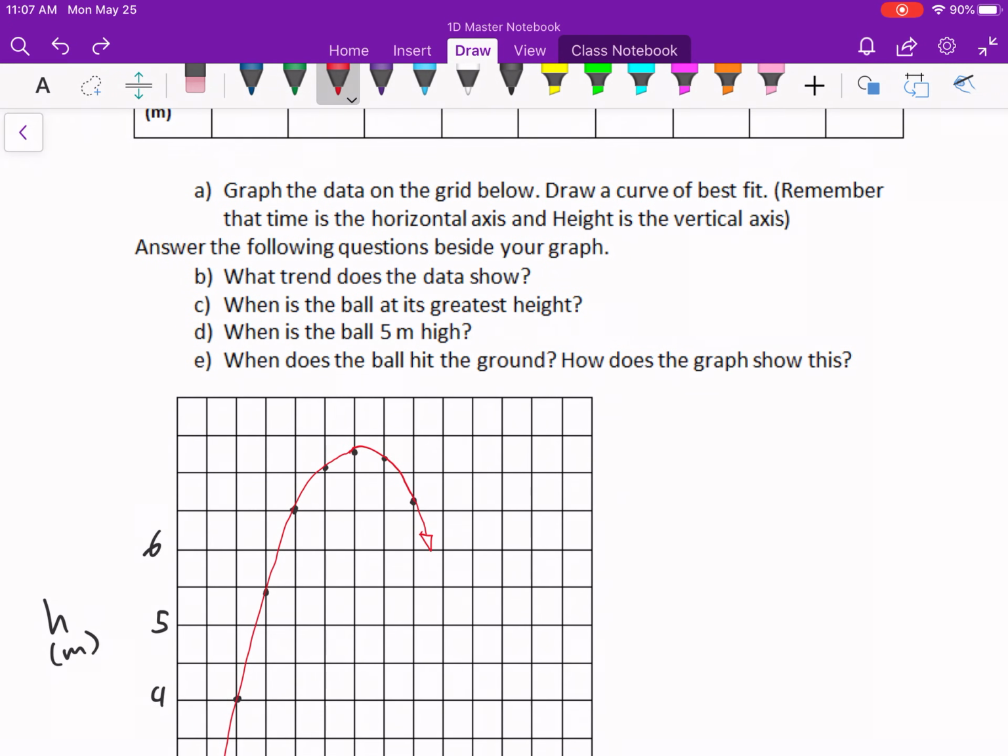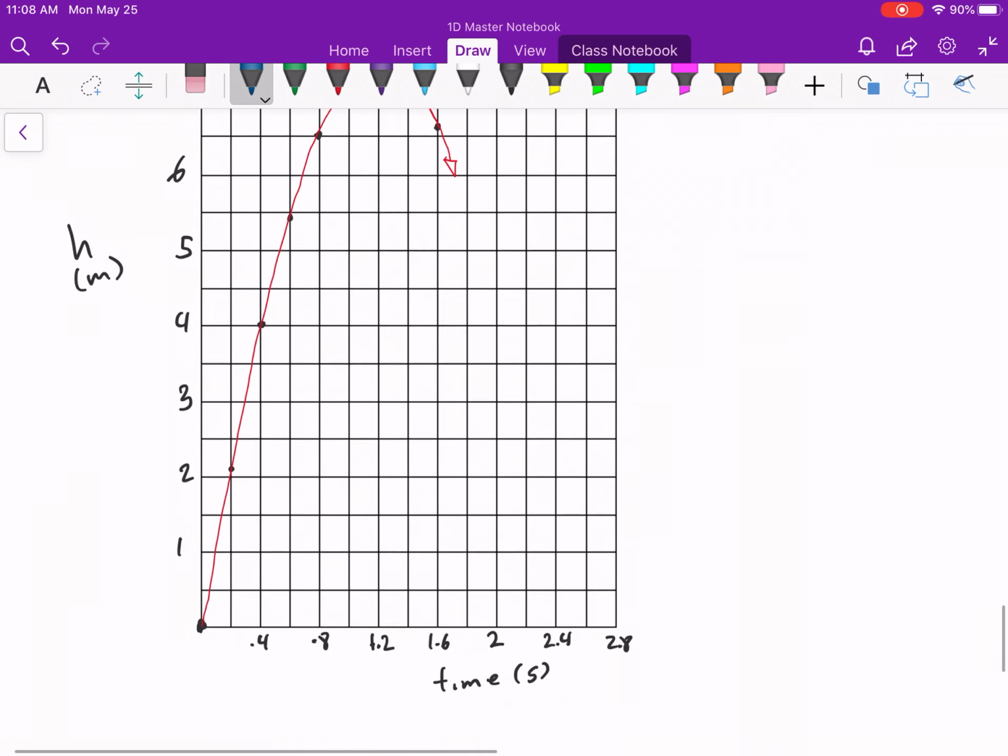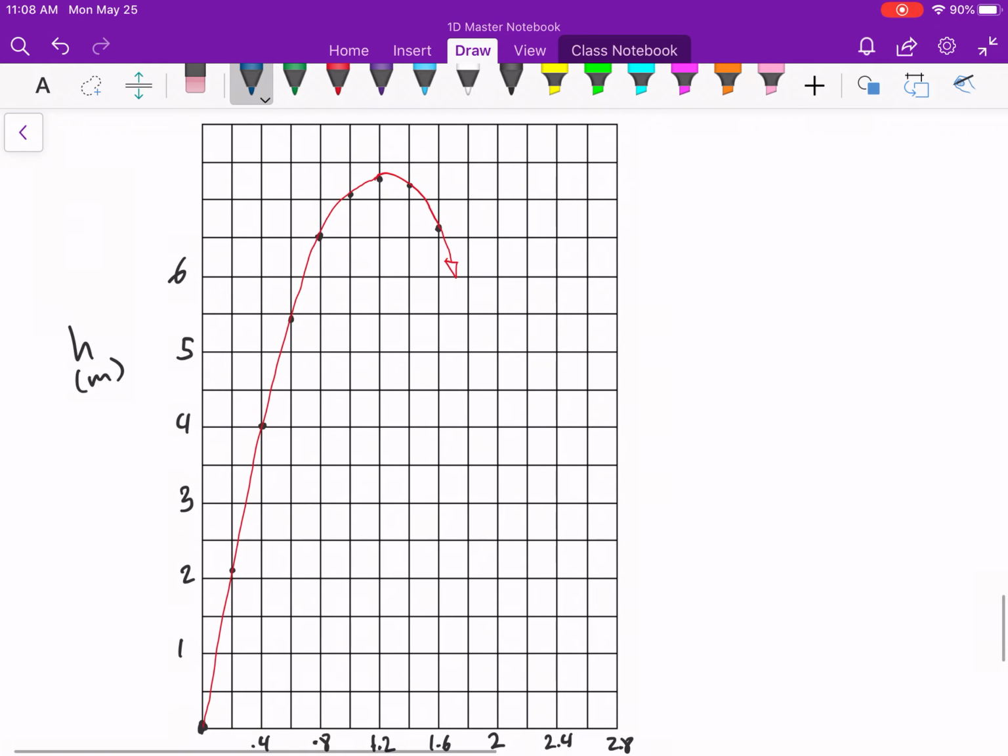What trend does the data show? Well, the trend goes up, then back down. When is the ball at its greatest height? Well, it appears to be about 1.2 seconds, right?